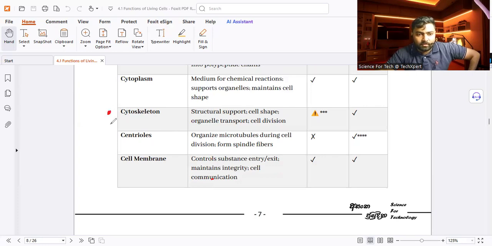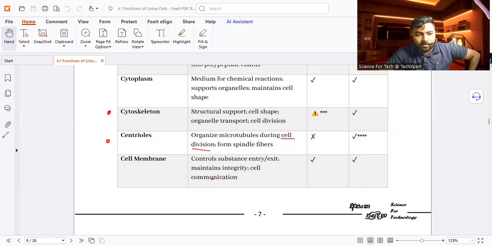Just remember there is something called cytoskeleton. Also, centrioles are responsible for cell division.